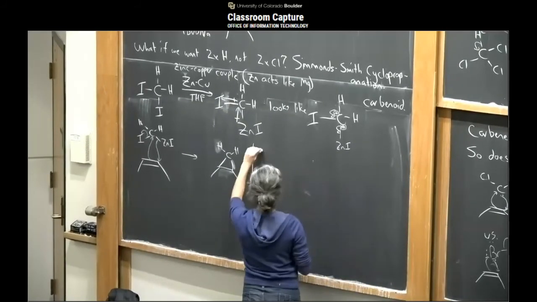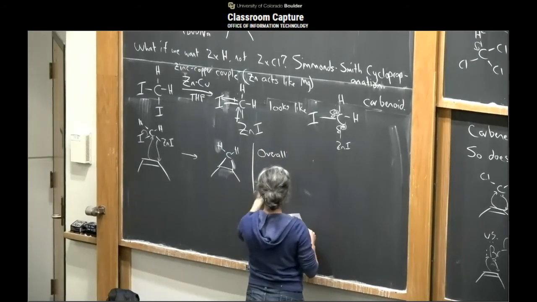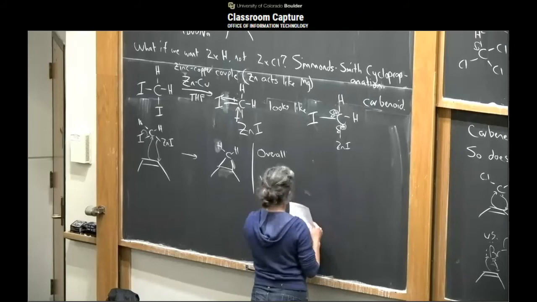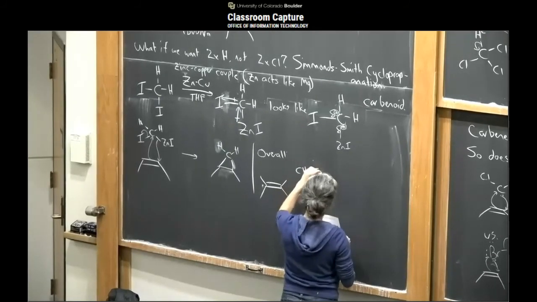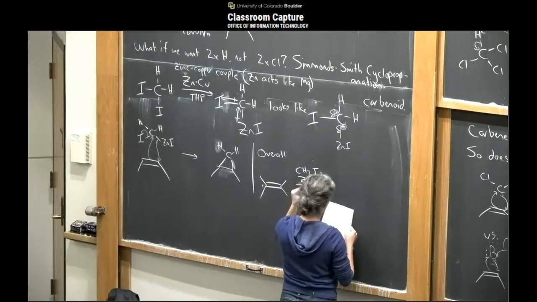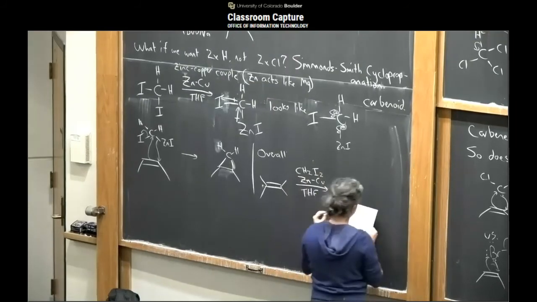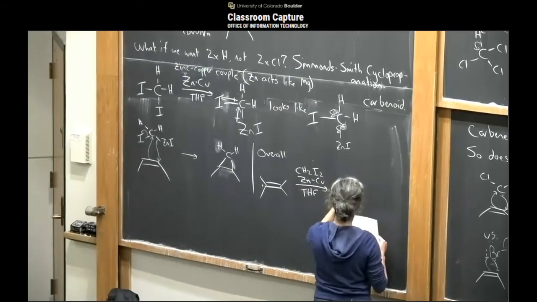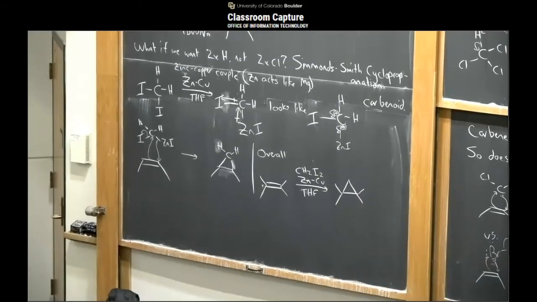So if we want to do the overall reaction, we could say some alkene again plus CH2I2, zinc and copper mixed together, and THF is just going to give us regular old cyclopropane with no halogens on it.